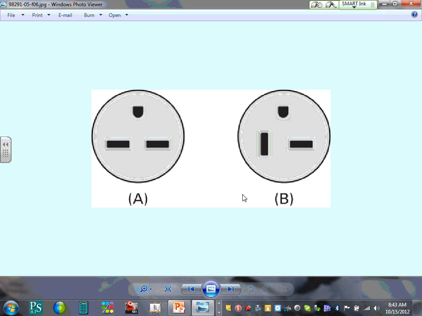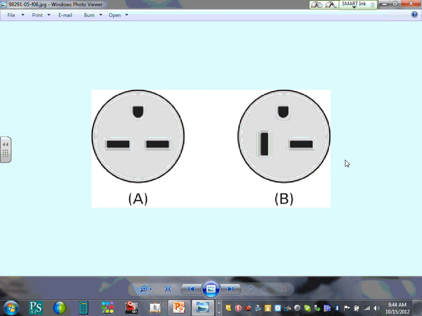This one will be 120, 20 amps, the one on the B, and 15 amp, and the other one is 15 amp, 20 amp, 120, and the other one is 30 amps, 240. This one, the A, is 30 amps, 240.